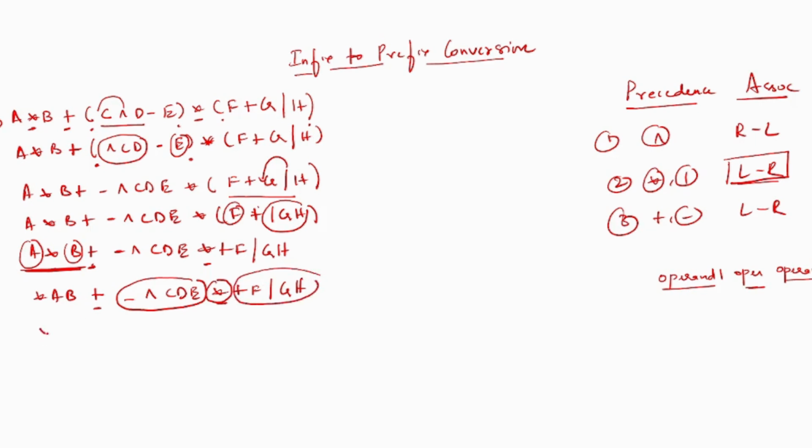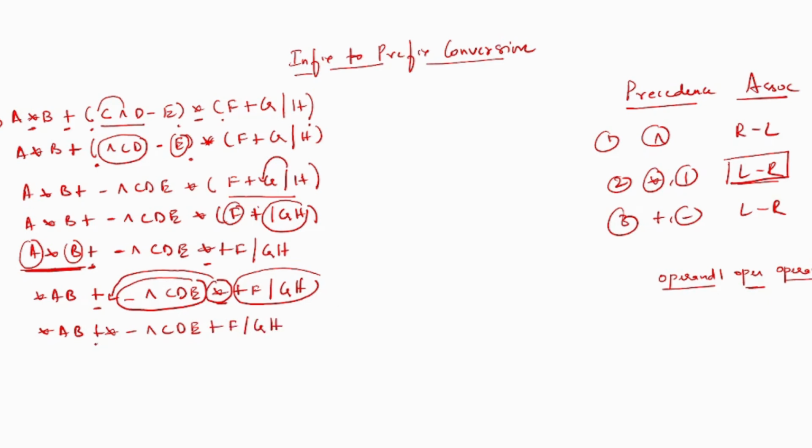So let us write it as it is, a b, plus, this will come to this place, minus to the power c d e plus f by g h.